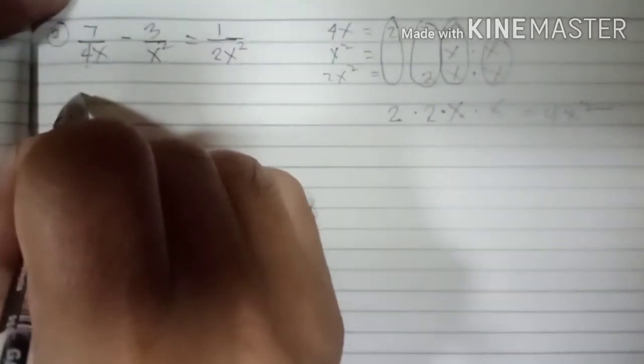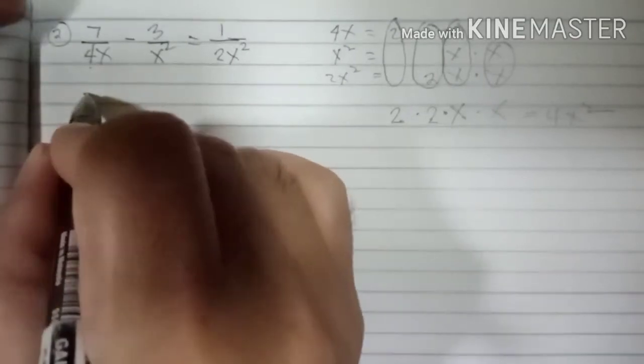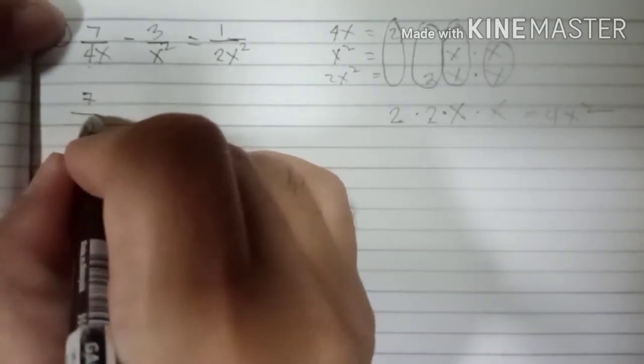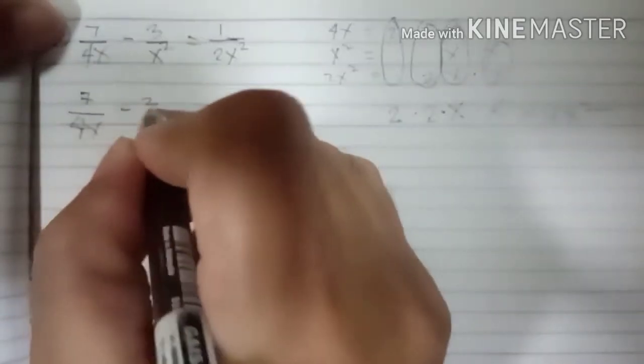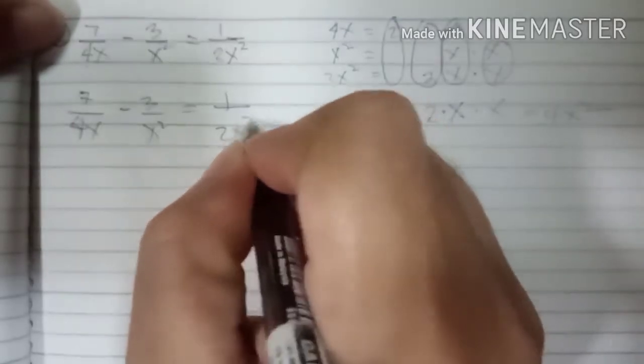So on the second step of our solution, we have 7/(4x) - 3/x² = 1/(2x²).